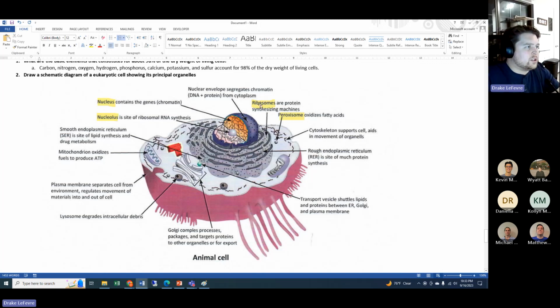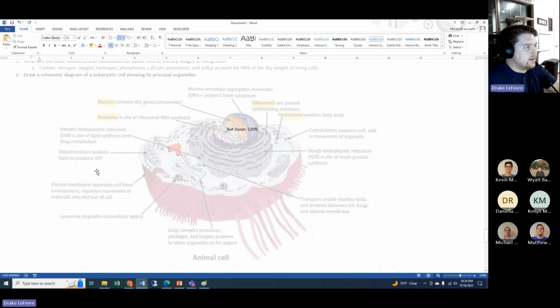We'll have a whole chapter essentially on ribosomes and the rough ER when we talk about protein development. The nuclear envelope, the nucleus and the nucleolus, we'll talk about when we talk about, again, protein development, DNA synthesis, RNA, mRNA, tRNA, all that good stuff. Mitochondria, we'll talk about glycolysis and the Krebs cycle and the electron transport chain, which is how we produce ATP, how we produce energy for the entire body to continue living.